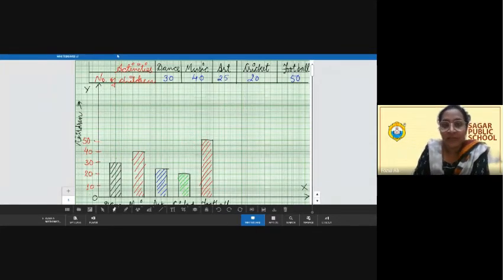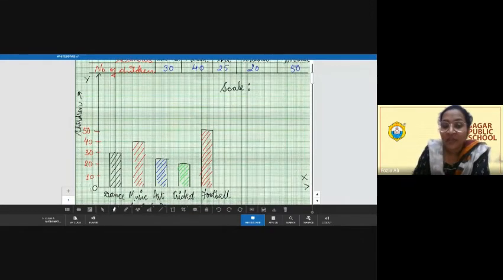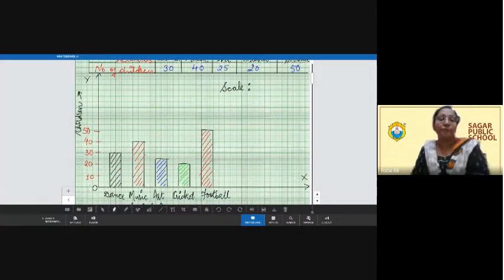Still one thing is missing, that is the scale. We have not written the scale for the bar graph. That is a very important part. The scale shows the difference between these divisions. Here we have taken a scale of 10, that means 1 centimeter is showing 10 students.